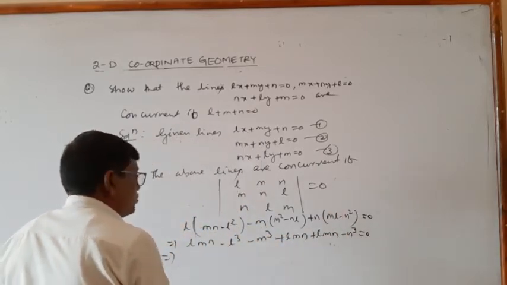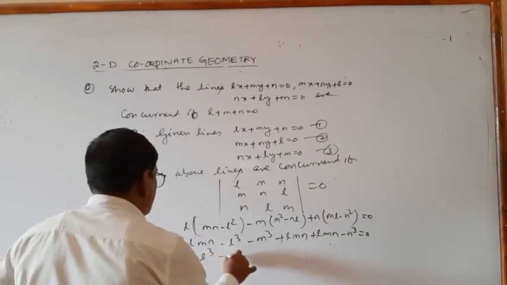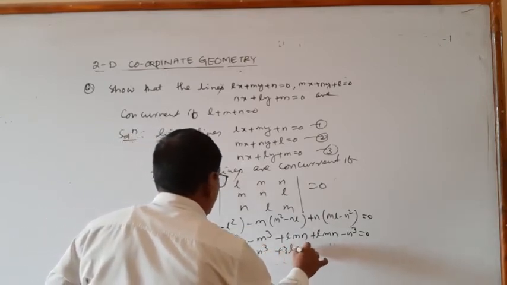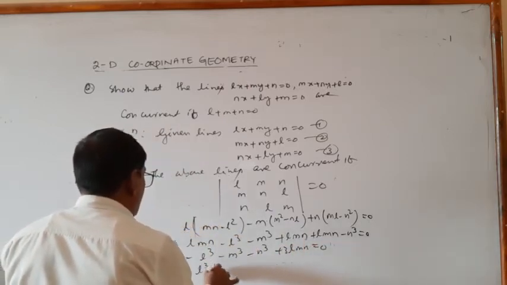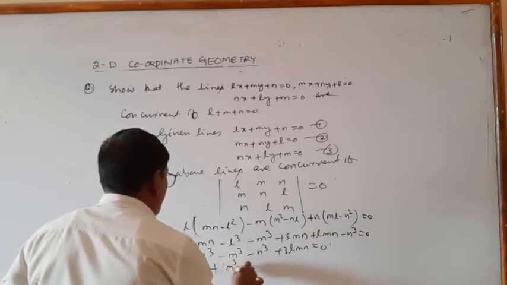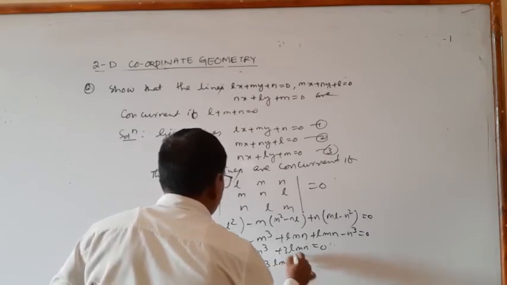Now taking the negative sign common: minus L cube minus M cube minus N cube plus 3LMN is equal to 0. That implies L cube plus M cube plus N cube minus 3LMN equal to 0.